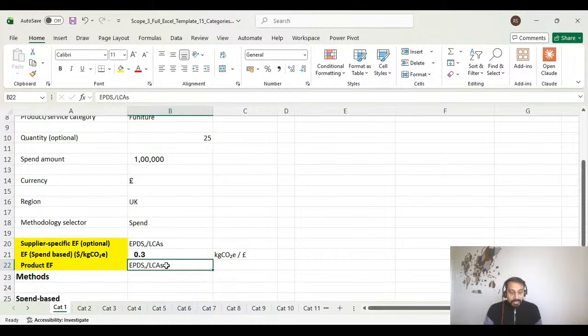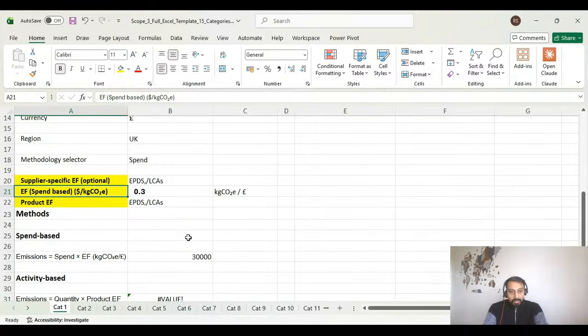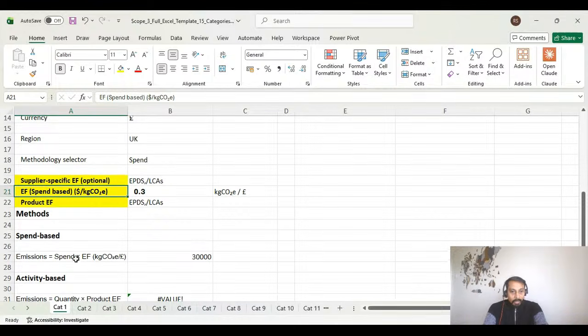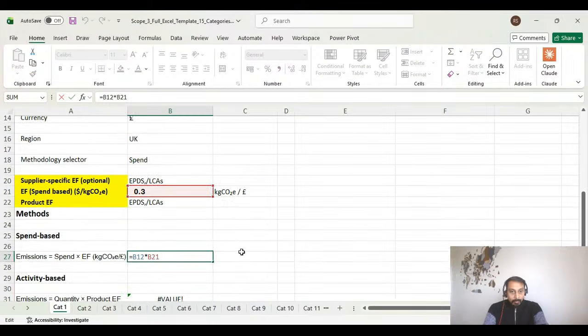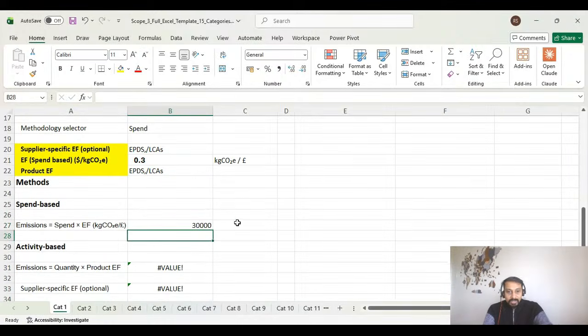You just have to mention which emissions factor you have utilized for the particular emission calculation. I would suggest going with the spend-based method for this particular category because it's very easy to calculate. Here the spend-based calculation we already did, which is the formula of 100k into 0.3. So the spend-based emissions is there.